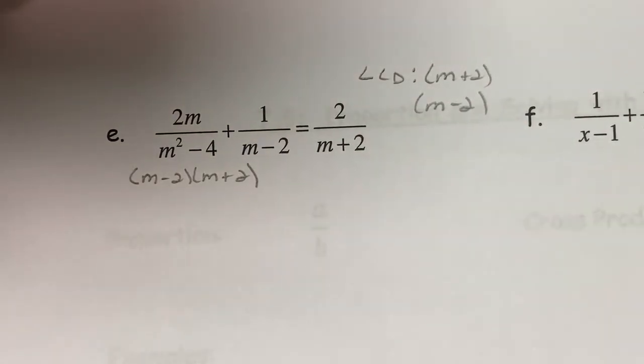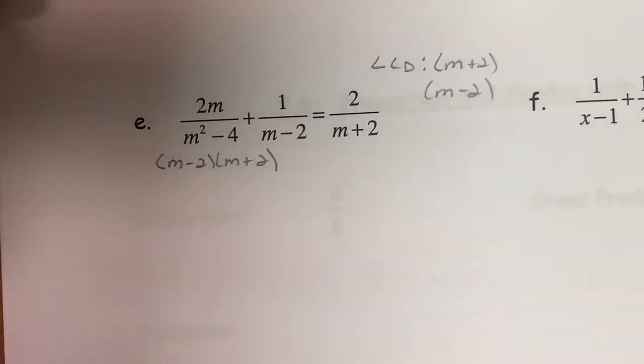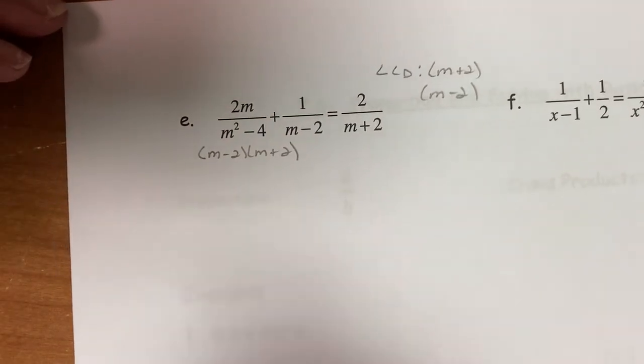And remember, what do we do with that common denominator? Well, we take every term and we're going to multiply that term by that LCD over 1, and that will help us eliminate the fraction. So here we go.